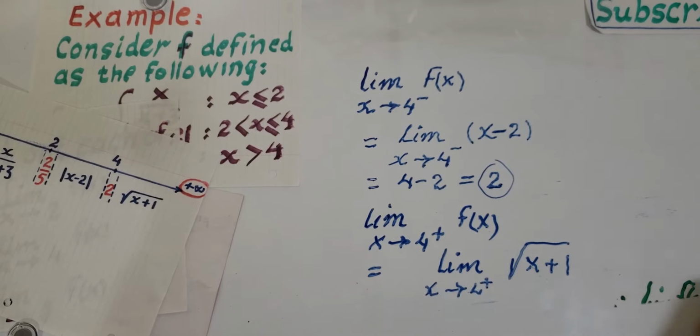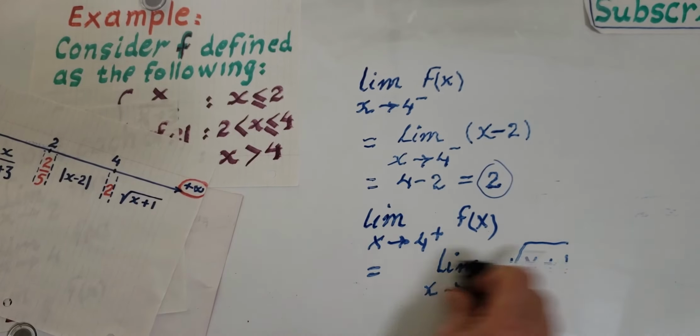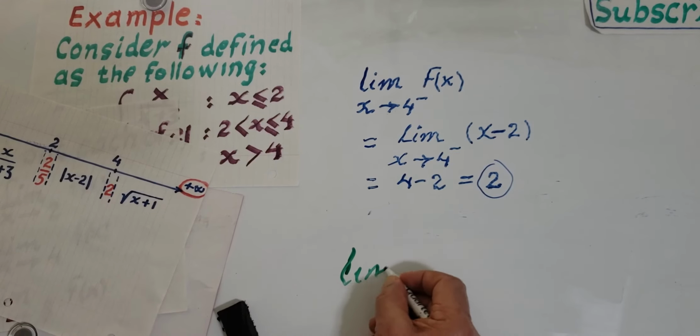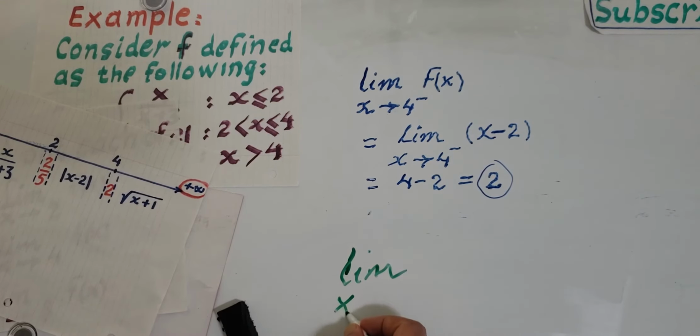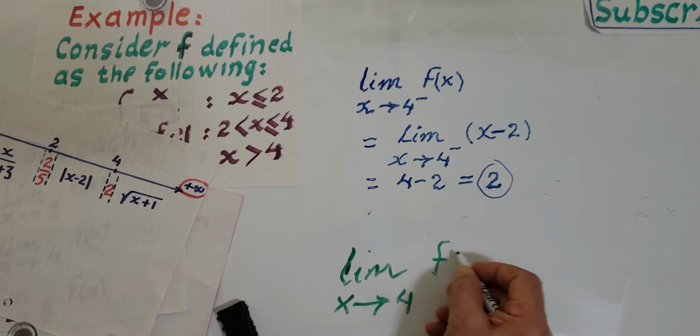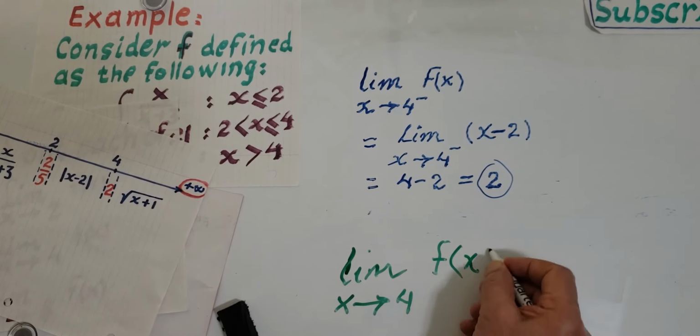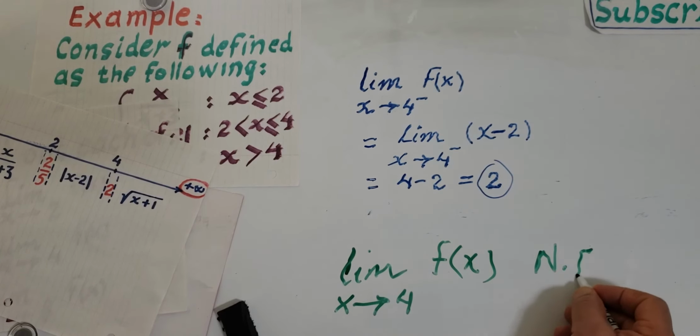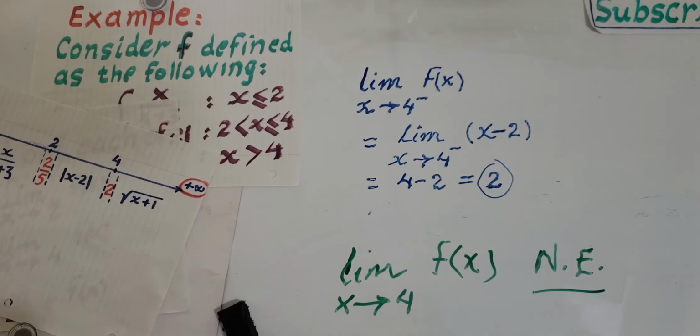So here again the result we can write: the limit when x approaches 4 for f of x does not exist. There is no limit.